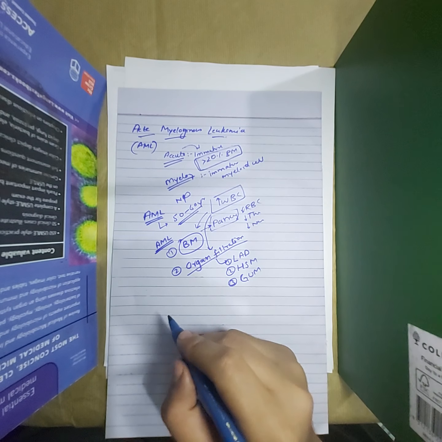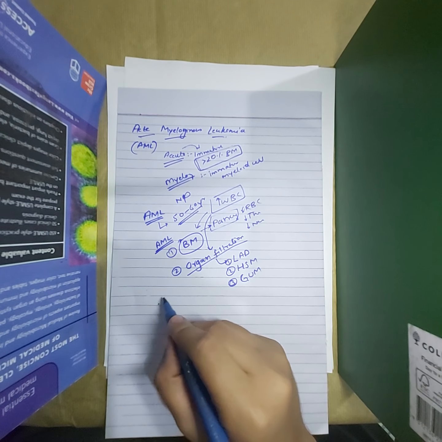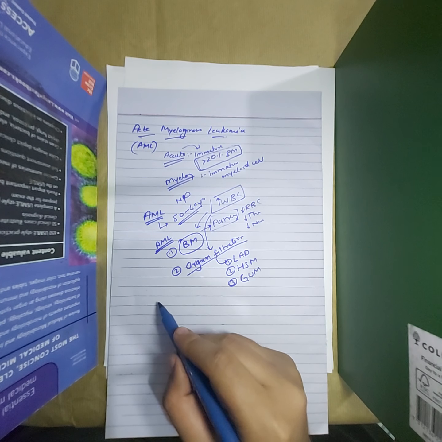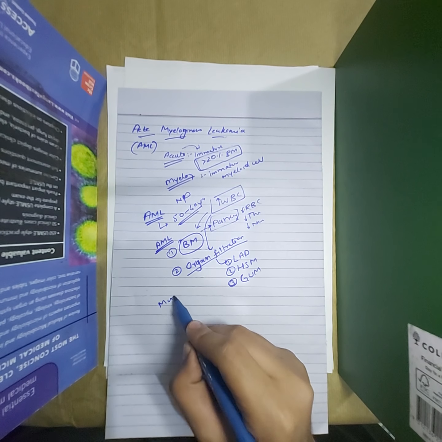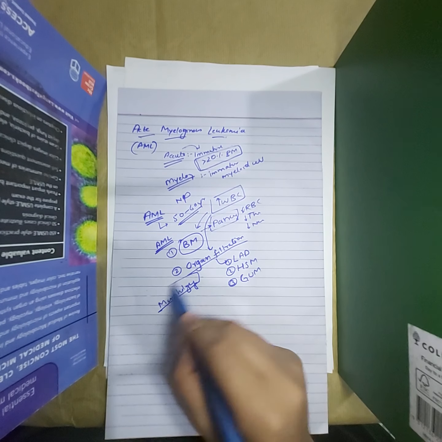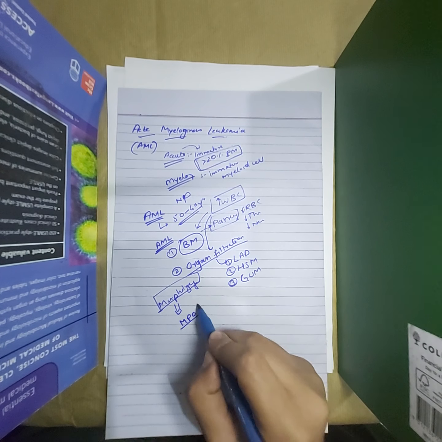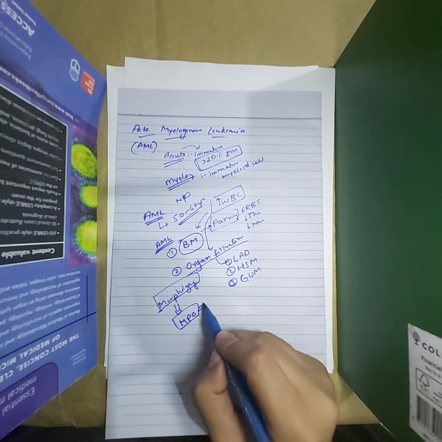The hallmark of acute myeloid leukemia: if you go and look at the morphology, you should find MPO. MPO is the myeloperoxidase enzyme.